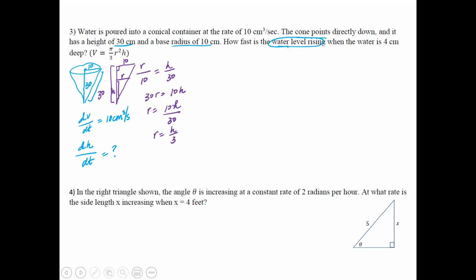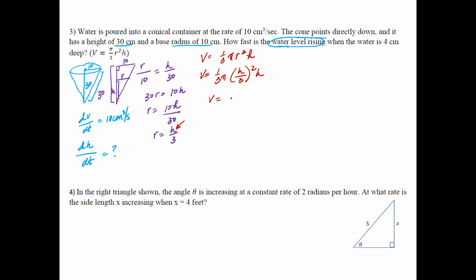I also have the volume formula to utilize for this problem. Volume of a cone is 1/3 pi r squared, which is a circle, times the height. I can't really solve for this if I have two unknown variables, but I do have the radius, so I'm going to replace that radius with height over 3 squared times height.